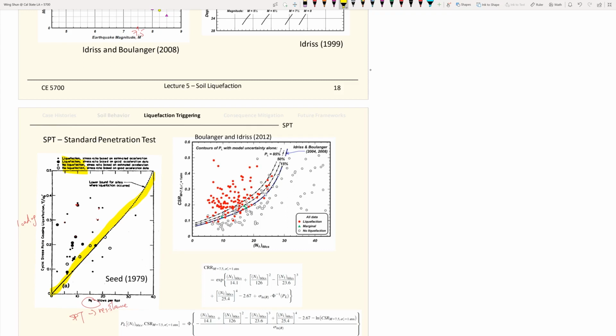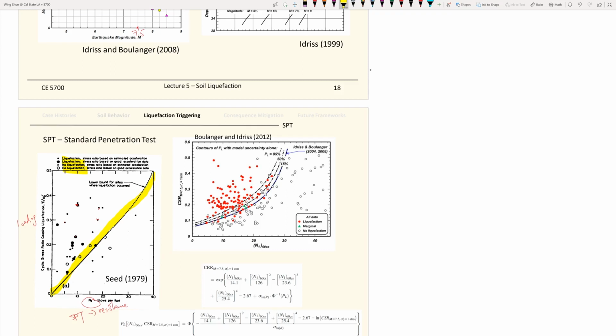We call this the liquefaction capacity curve, and then apply this worldwide for design. If you know your SPT and your cyclic stress ratio, then you can have a quick estimate of whether you should expect soil liquefaction to be triggered or not.